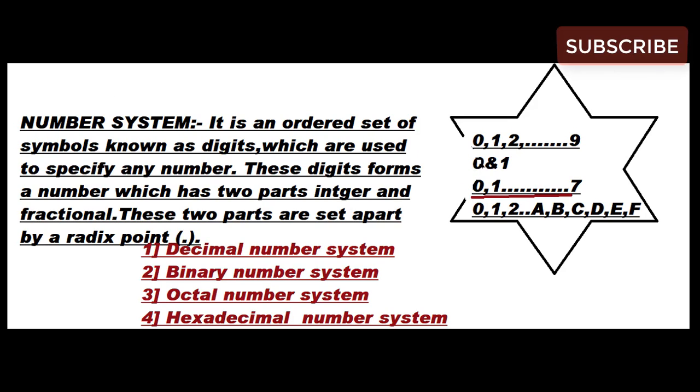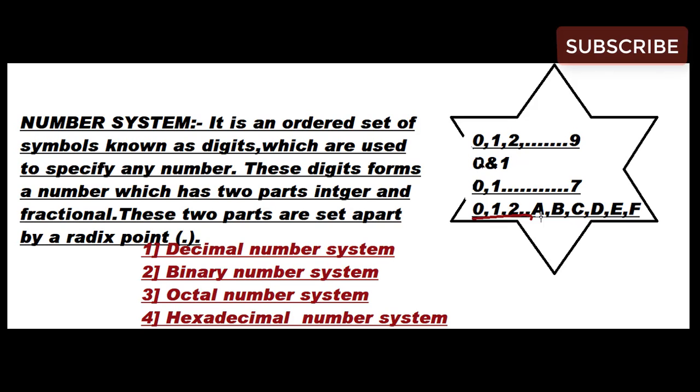And the fourth is the numbers starting with 0 up to 9, and then A, B, C, D, E, and last F. This is known as the hexadecimal number system. So I think you understand what the number system is. Number system is an ordered set of symbols known as digits, which are used to specify any number.